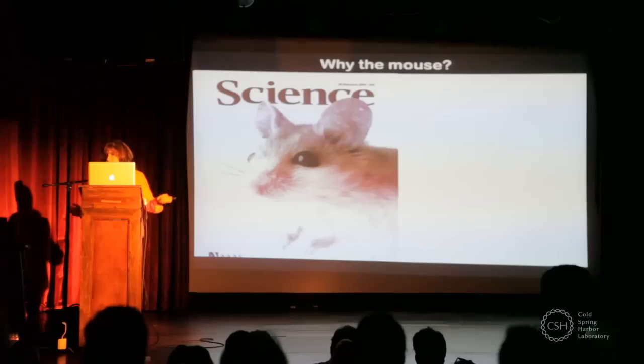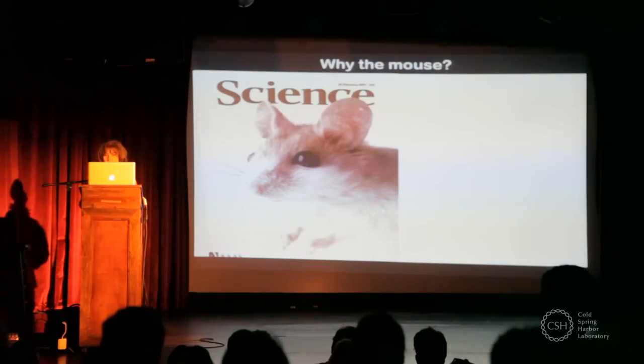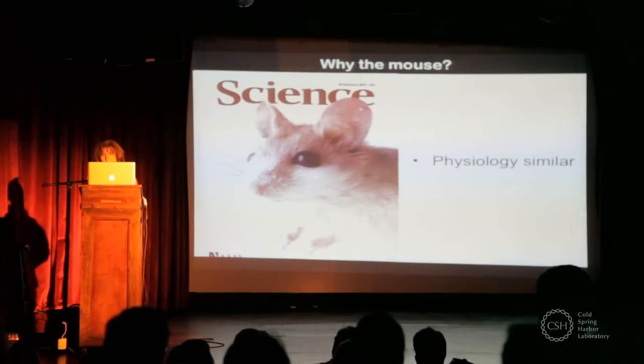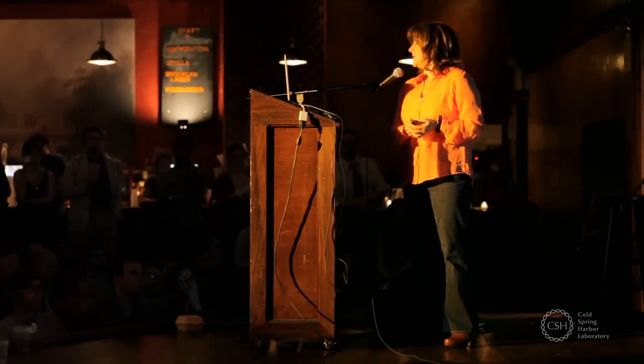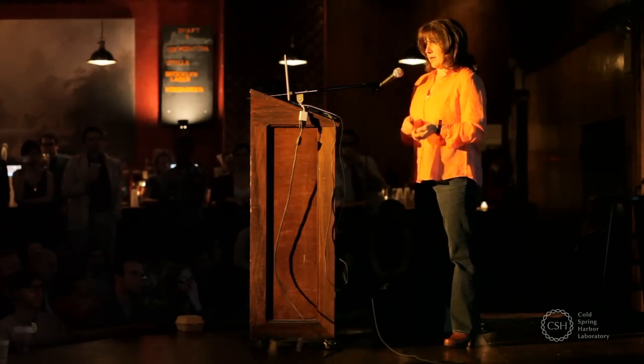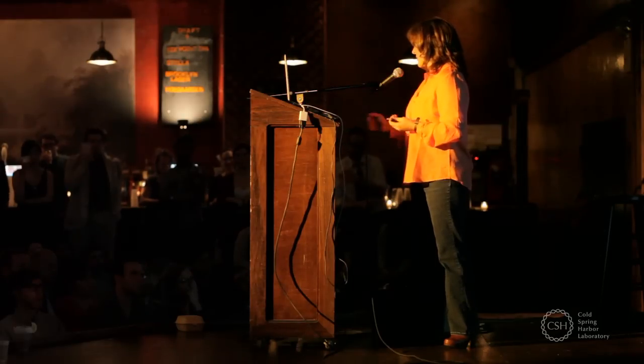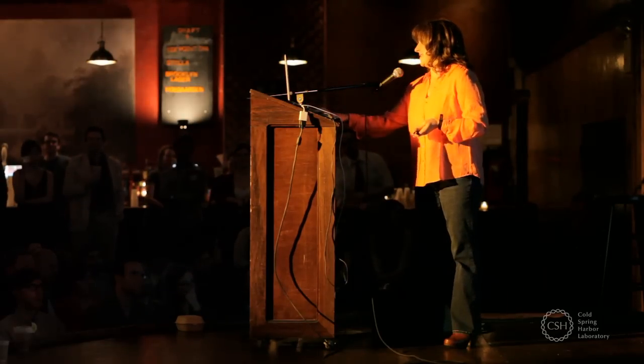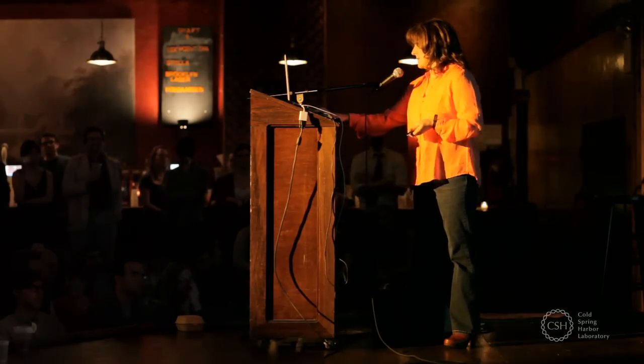Now, why the mouse? You might ask this. This is a really good question. Again, we really want to understand human disease and health. Well, the mouse has physiology that's quite similar to that of humans. We don't in any way think mice are people, but they are very useful for pinpointing what goes wrong in various diseases.